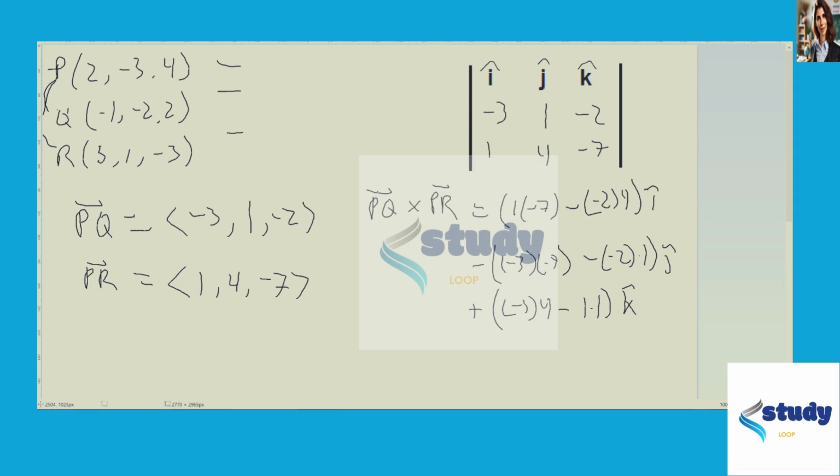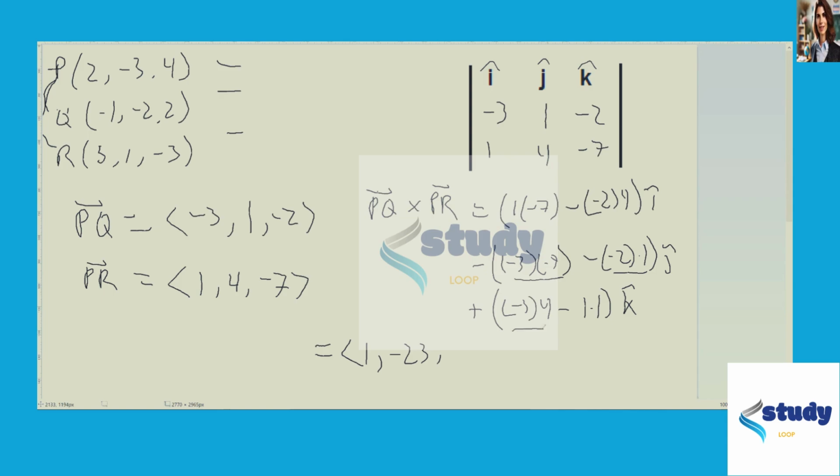Okay. Writing this all as a single vector, that's going to give us -7 minus -8, that's just going to be 1. Minus, it's positive 21 minus -2, so that'll be minus 23.